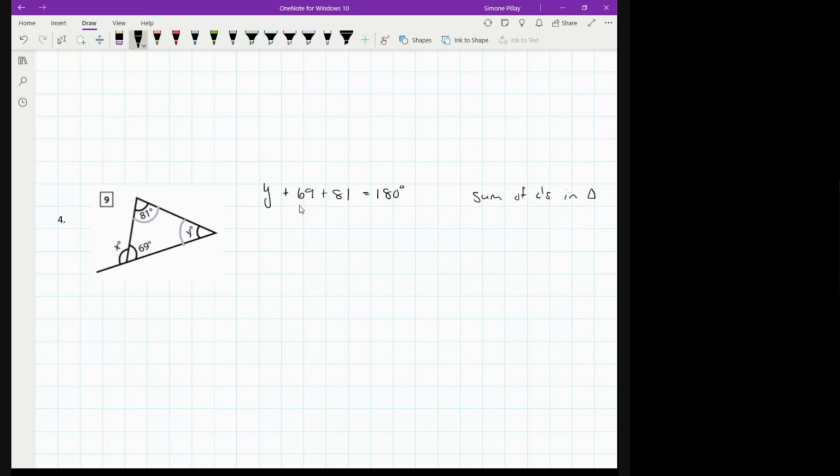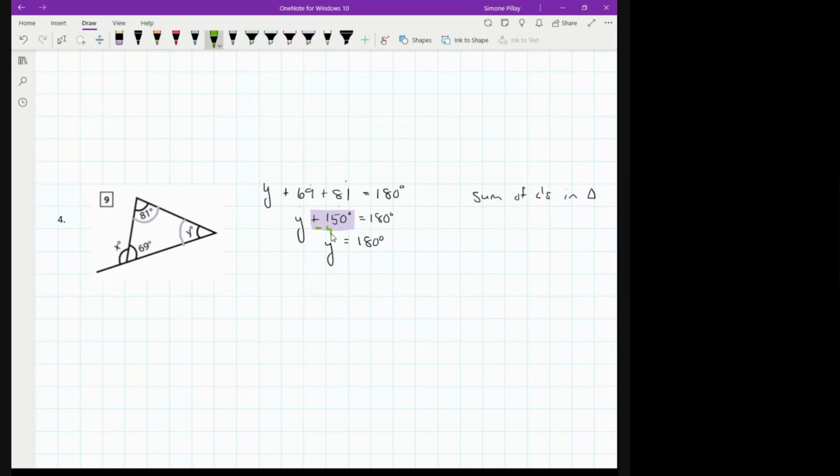Let's solve this. 60 plus 80 is 140, plus 9 and 1 is 10, so 150. That gives me y plus 150 equals 180. Somebody confirm my math. I want to get y by itself, so I'm going to remove this positive 150. How do I remove it?